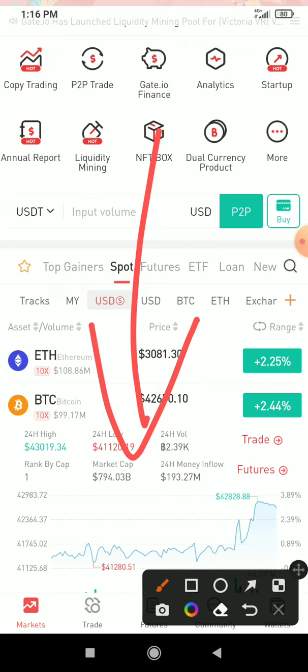In this case, we purchase the Gate.io ETF short.